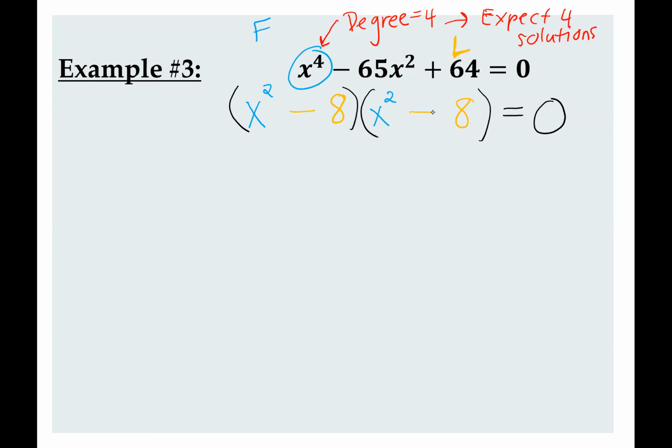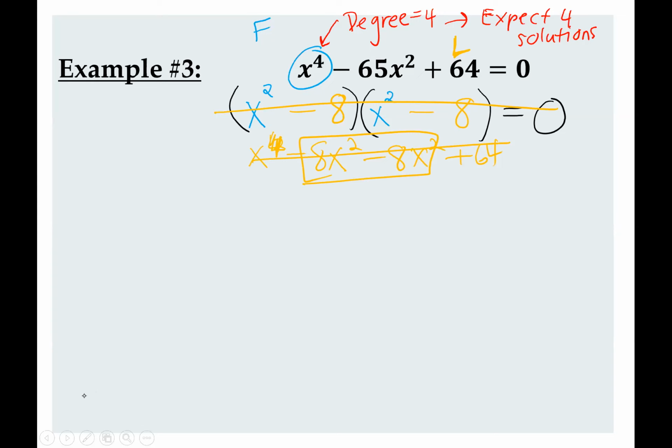Either way, when we FOIL, here, I'll try one combination, x squared minus 8, x squared minus 8. That would be x to the fourth, my mistake, minus 8x squared minus 8x squared, and then plus 64. Those middle terms are not adding up to that minus 65x squared. Okay, so sorry, it's not going to be any combination of 8 and 8.